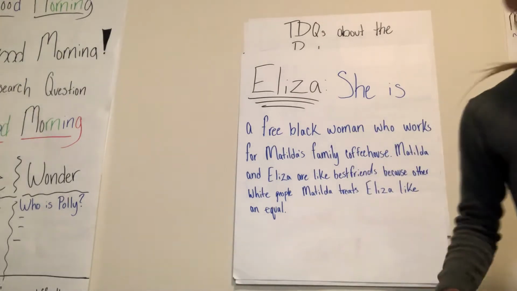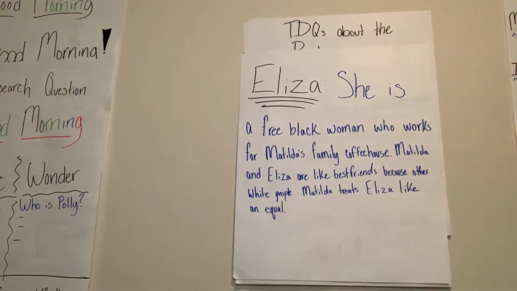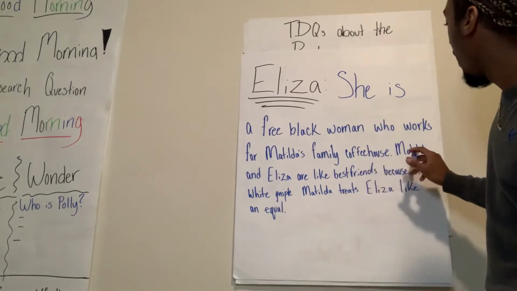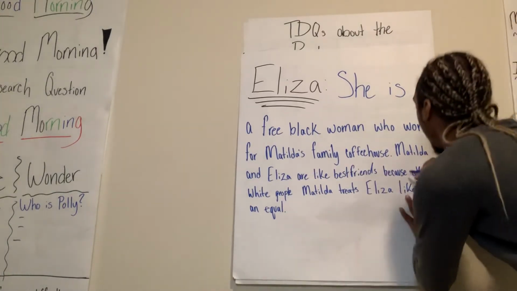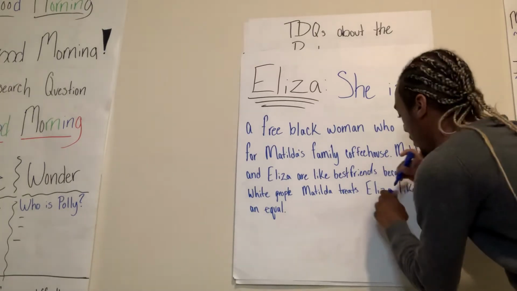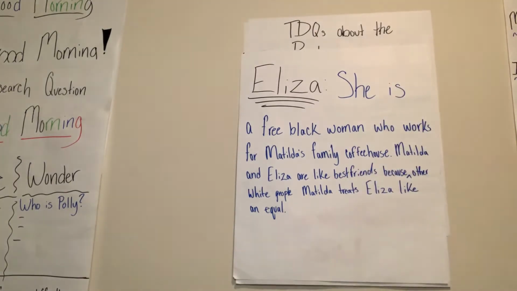But also, let me get my marker, because I have to make a change. I also put Matilda and Elisa are like best friends because, let me get a red marker so you guys see the correction.